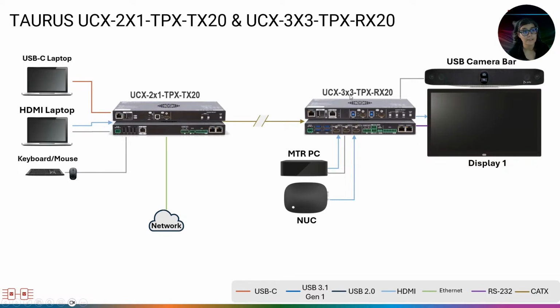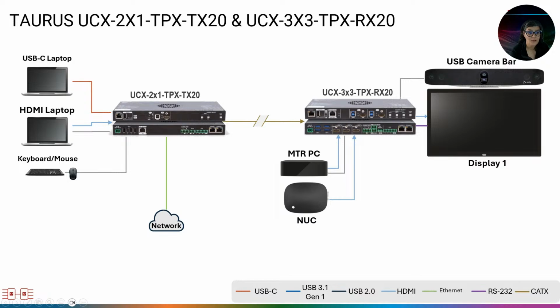Then all the way over at the display with our 3x3, we've got a Teams computer plugged in there, and we've got this little Nuke speaker going on here, as well as a USB camera and a display. And with the way that 3x3 is set up, like I said, we can kind of move that rack behind the TV, and we can also host switch directly at this 3x3 if we want.